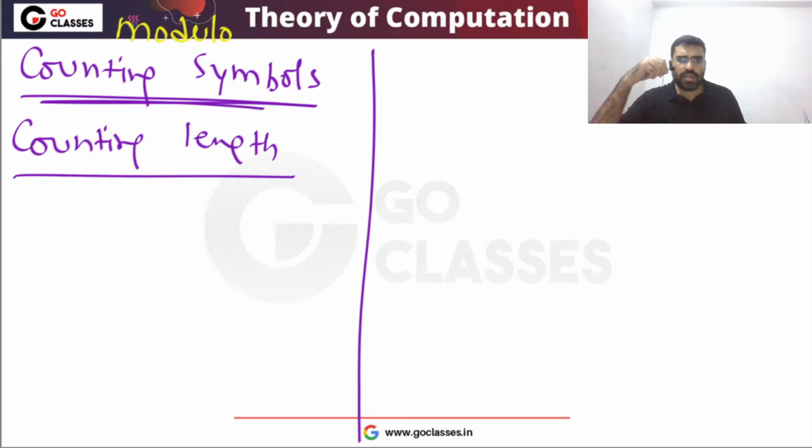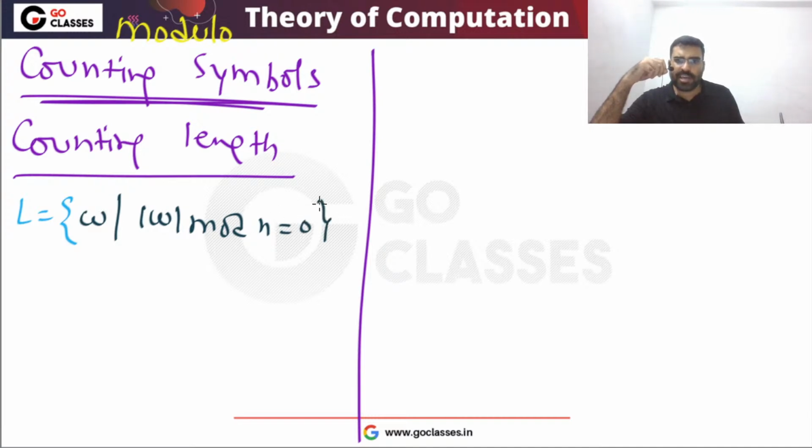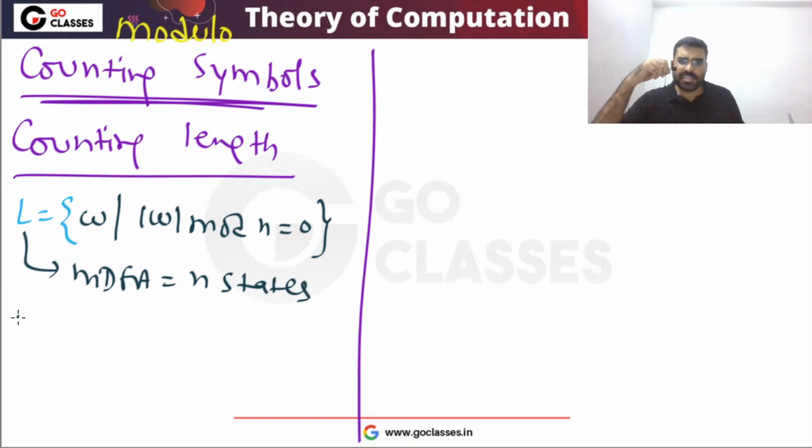In this language, I told you that if you have W such that length of W mod n is equal to some remainder r, or maybe 0, meaning the length of W divided by n gives 0, then the minimal DFA has n states.